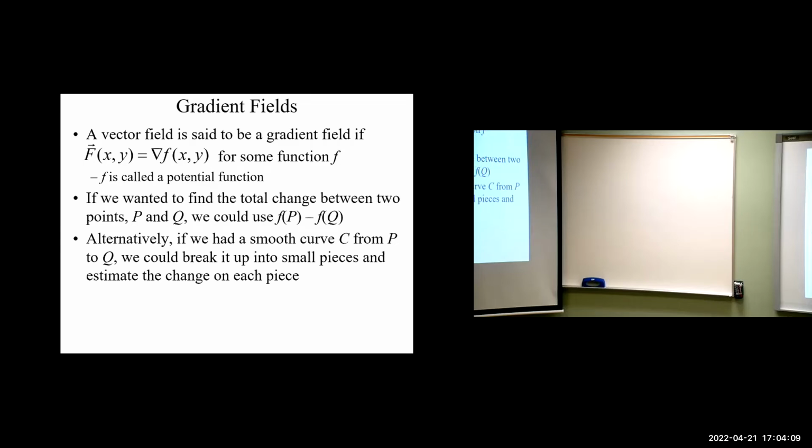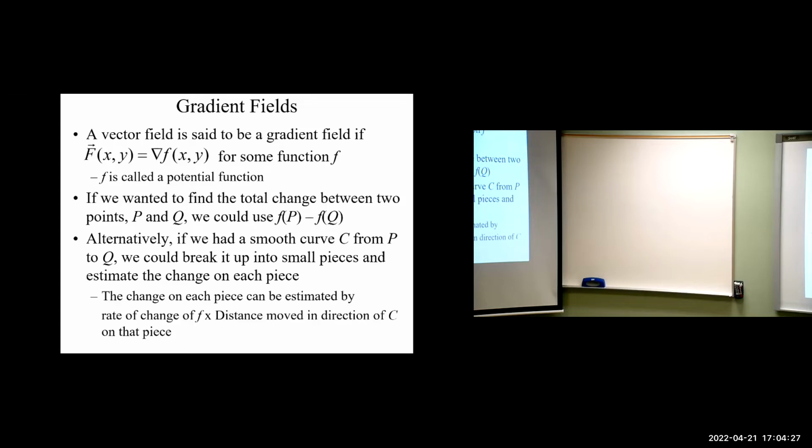The other way we could do it is we could take some path between the 2 points, break it up into a bunch of small pieces, and figure out how we're moving along that path to get the work done, to get the net change. That's the line integral. So basically, these are two different ways of calculating a line integral if what we have is a gradient field.